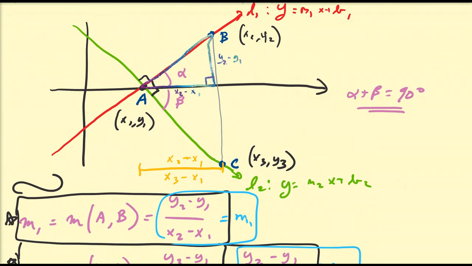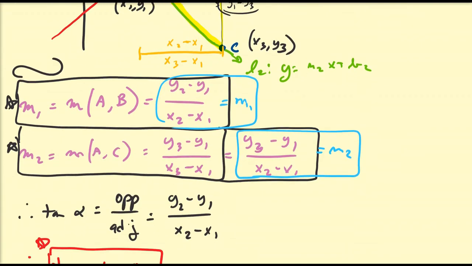Now let's focus on the next triangle, which I'm going to highlight in yellow, which is of course a right triangle because that meets at a right angle by design. The opposite side is going to be this distance here, which is y1 minus y3. We're going to do top minus bottom. The horizontal distance is still x2 minus x1, so that's going to be tangent of beta.